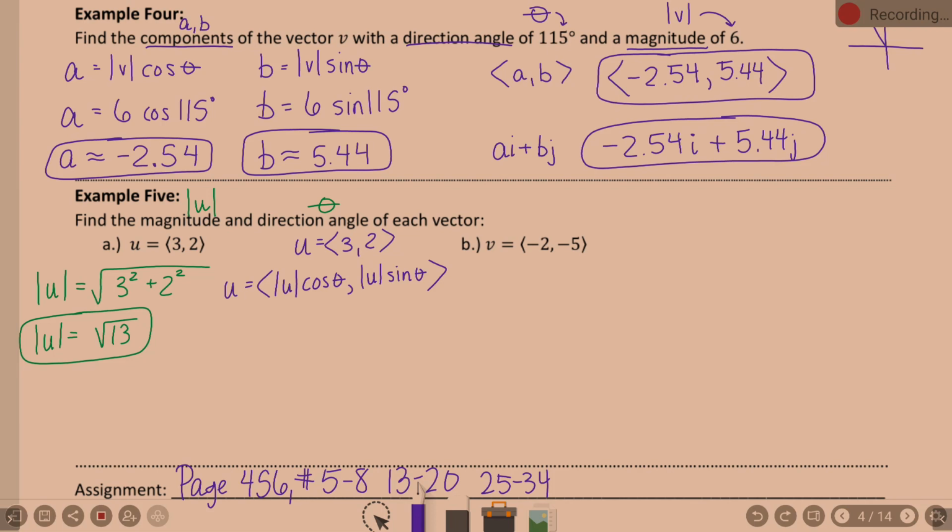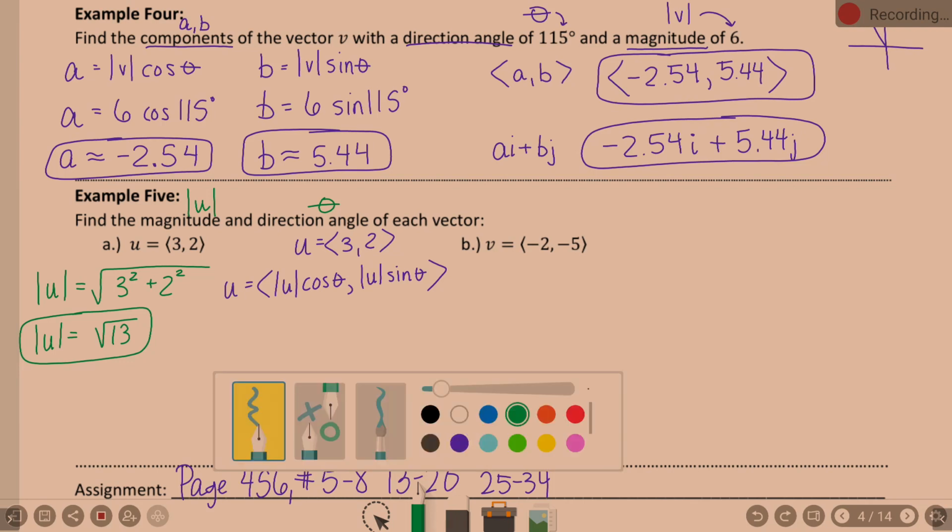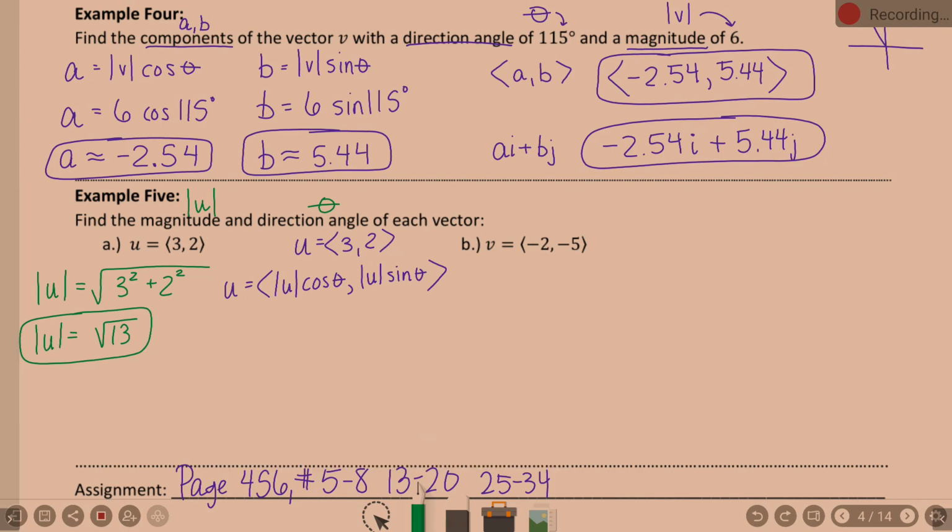Do you see the connection I'm trying to make for you? The vector 3, 2 is also the vector absolute value of U times cosine theta, absolute value of U times sine theta. So what do we know? 3 is going to be equivalent to this first piece. And what about 2?